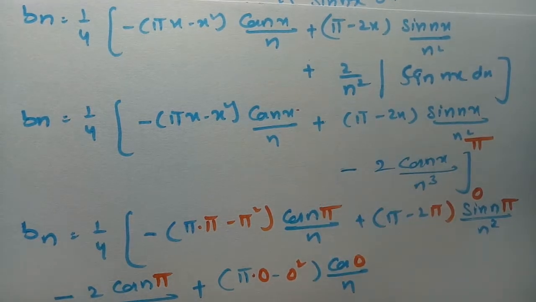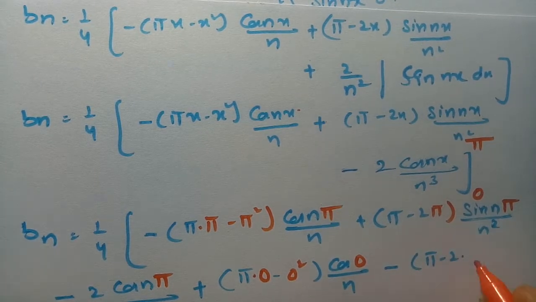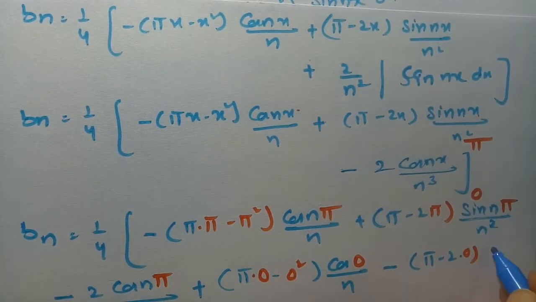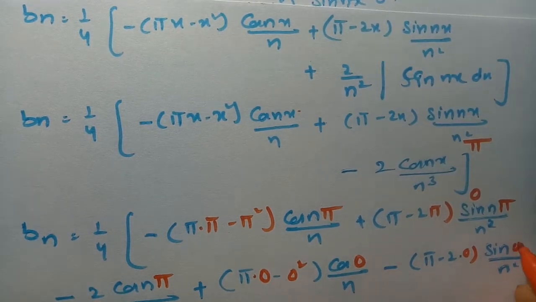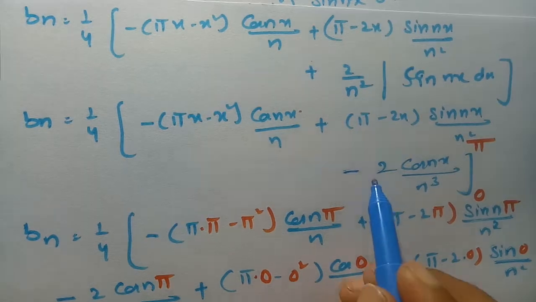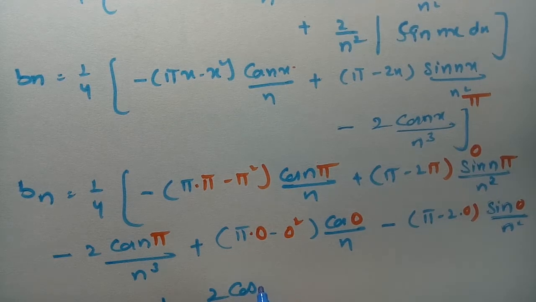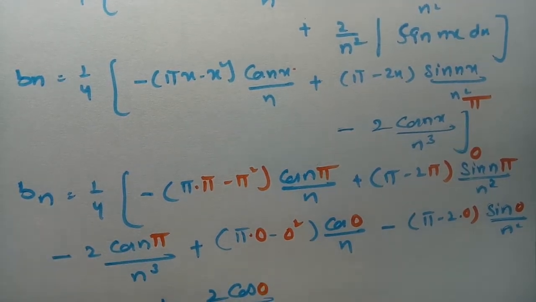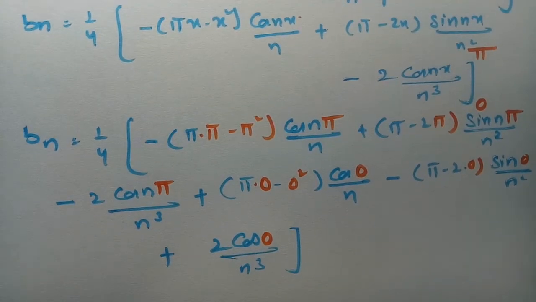For the lower limit it will be minus, this is pi minus 2 into 0 sine 0 by n square, and for the lower limit minus of minus is plus, that is 2 cos 0 by n cube. So I have substituted upper limit minus lower limit.